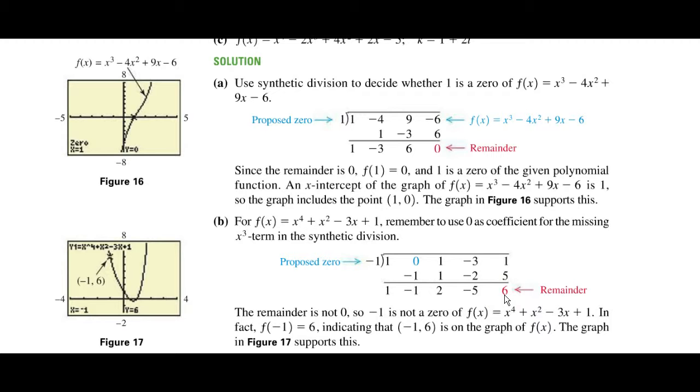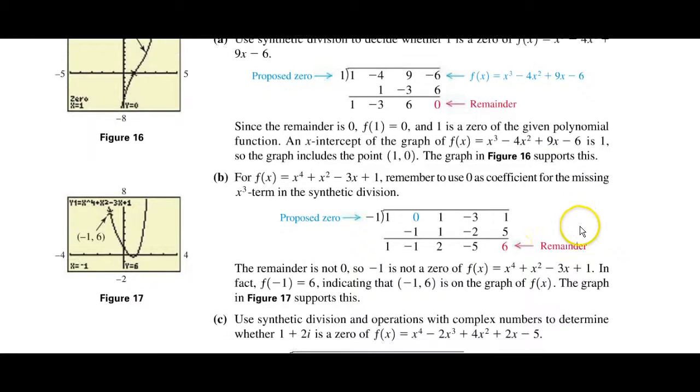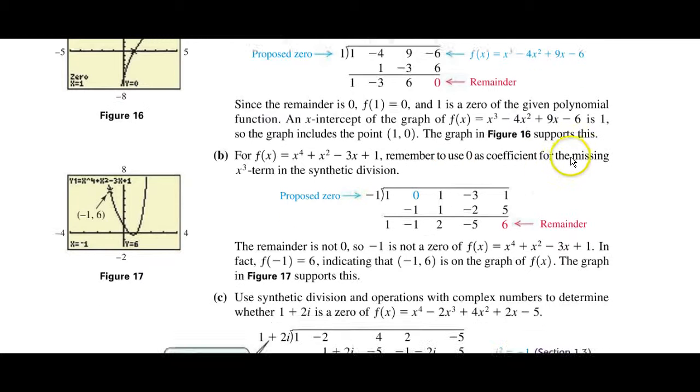Since we ended up with a 6 and not a 0, is this going to be one of your finding the 0 answers? Well, we didn't find a 0 here. So this is not an x-intercept. In fact, on the first graph, this is where it is, and then on the second graph, it's up here. So it's not down there where the lines are.